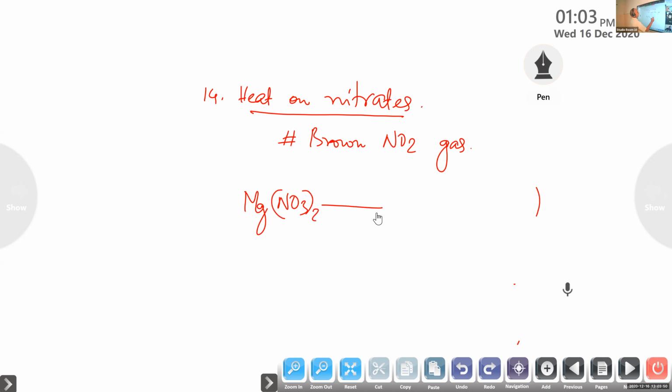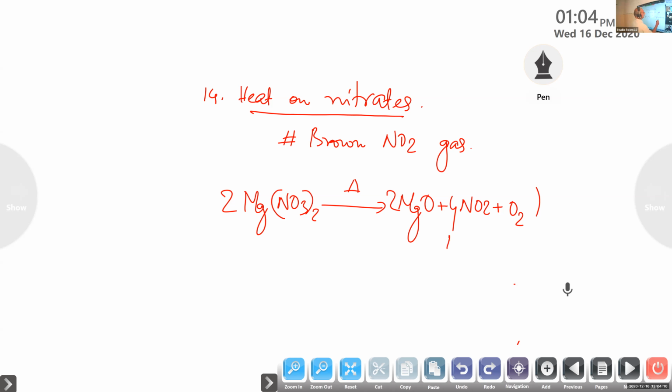Mg(NO3)2. When heated, it decomposes, giving magnesium oxide, then nitrogen dioxide, NO2, plus O2. To balance, you can write 2 here, 4NO2, and oxygen will be O2.